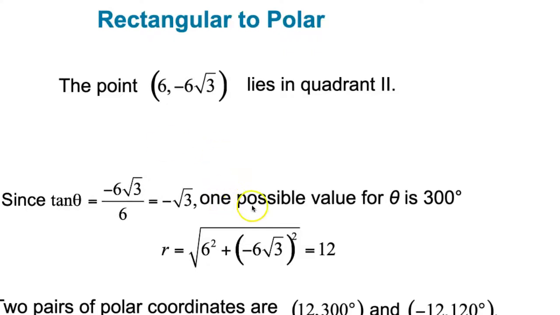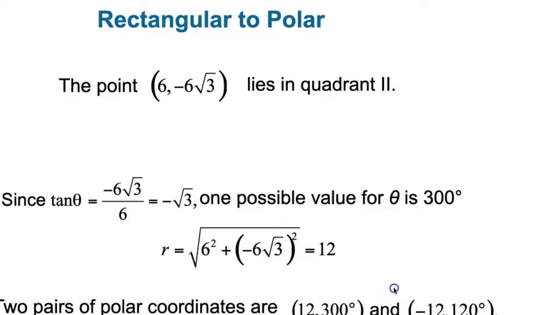So r is equal to the square root of 6 squared plus negative 6 root 3 squared, which when you simplify gives you 12. So you could use positive 12 and 300 degrees. You could likewise, as I had already said, use positive 12 with negative 60 degrees. That's completely acceptable as well.